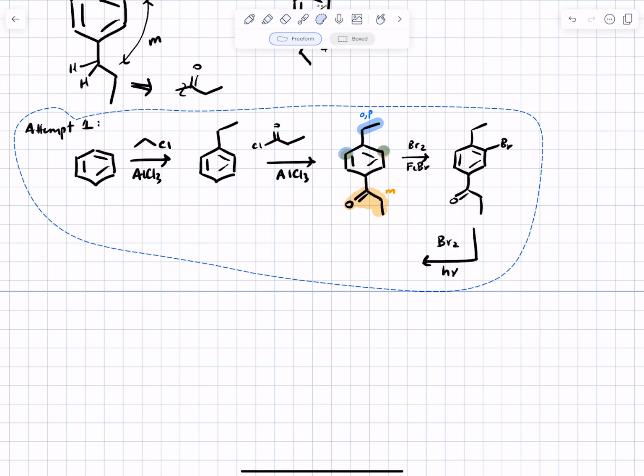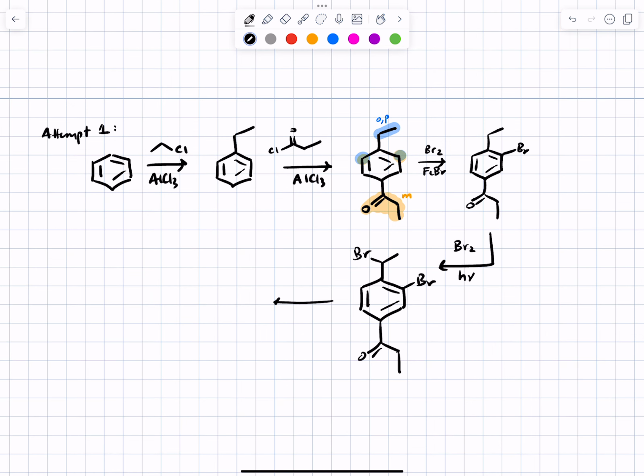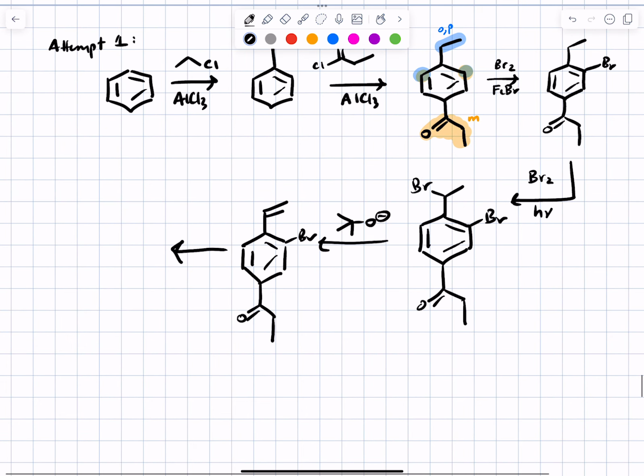I need more space. Okay, that's going to install the bromo group. And radical bromination is selective for the more stable radical. Then I could do the elimination reaction, perhaps with tert-butoxide. My ketone is still in place, and only at that stage do I reveal the ketone.